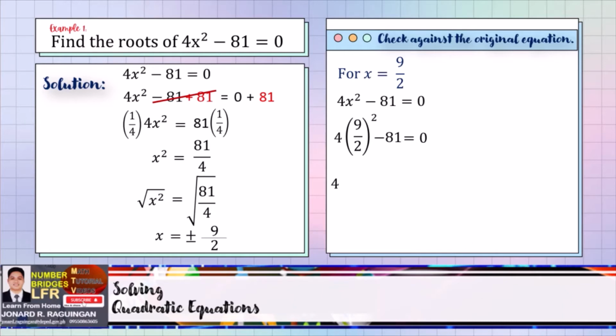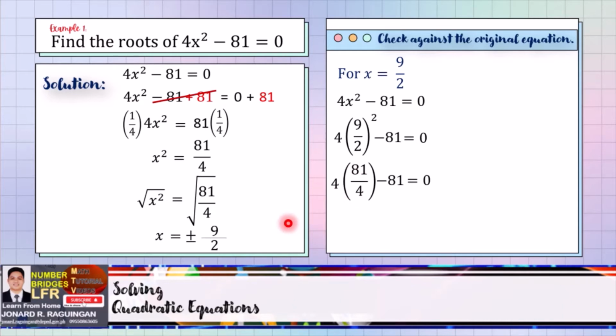4 times the square of 9 over 2 is 81 over 4, minus 81 is equal to 0. Then simplify. 4 times 81 divided by 4, or we can just cancel 4 and 4 here because they are equal to 1.